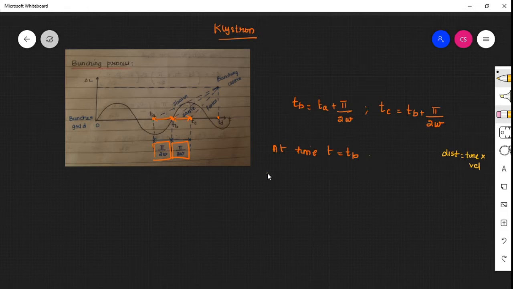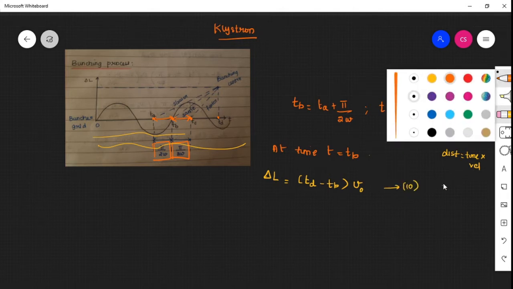So, the buncher gap distance is given by del L, and the time for the same speed electron is, if I subtract TB from TD, that is the time at which the same speed electron is traveling. So, TD is the total time distance and TB is this time distance. If we subtract the two time values, we will get the time that is required to reach the bunching center. So, it is TD minus TB, the velocity remains the same, so we write it as V naught. Let this be equation number 10.